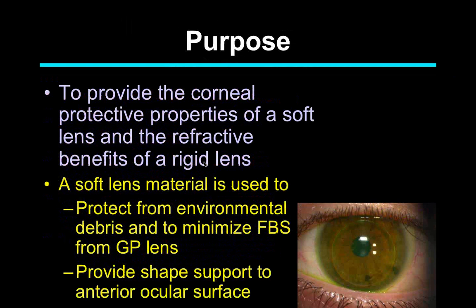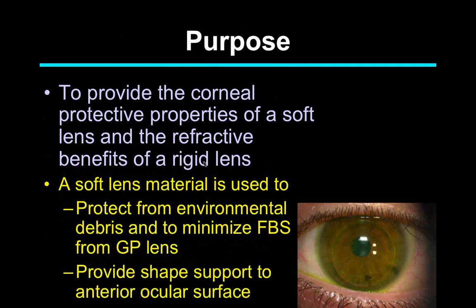The purpose is to provide the corneal protection properties of a soft lens and the refractive benefits of a rigid lens. Soft material is used to protect against environmental debris, minimize foreign body sensation from the presence of the GP lens, and also to provide shape. For example, a piggyback is also a good thing to use over a corneal transplant.